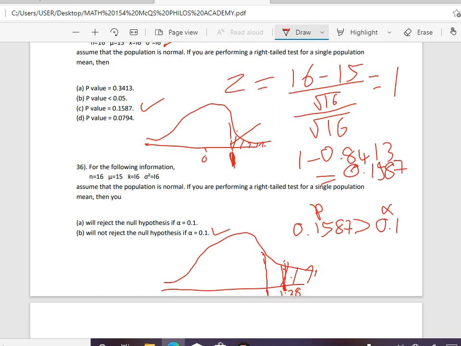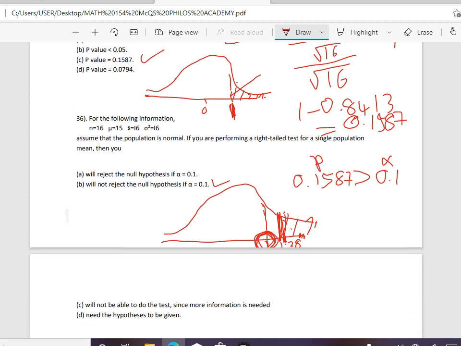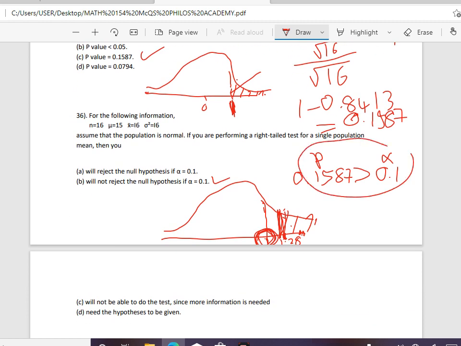You realize that the computed z value doesn't fall in the region of rejection. It is the critical value that separates the region of rejection and the region of acceptance. So the computed z is not in the region of rejection, so we are not going to reject H0. So the answer is B. This is the first proof and this is the second proof. But if you know this, just use this and go.